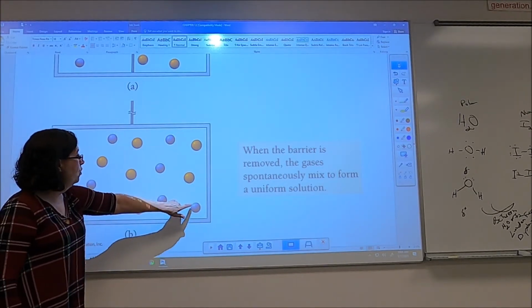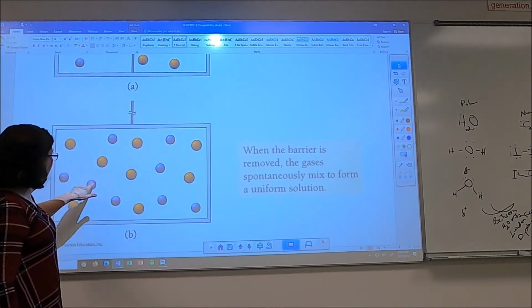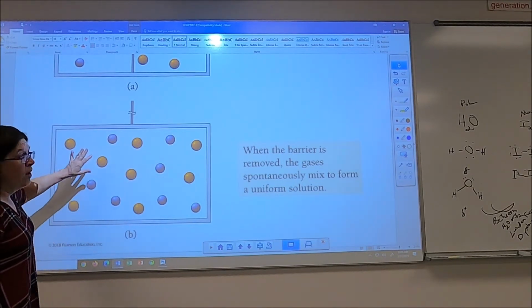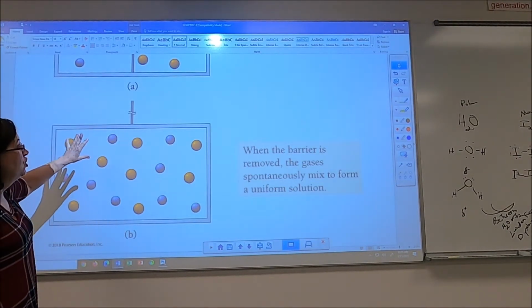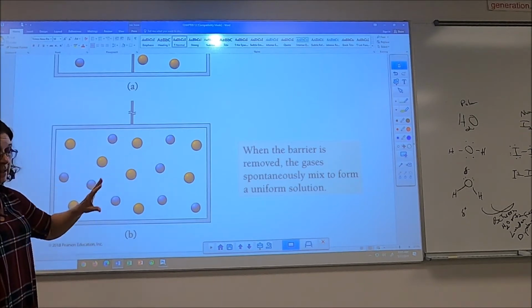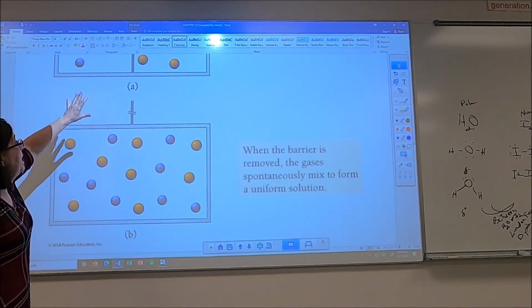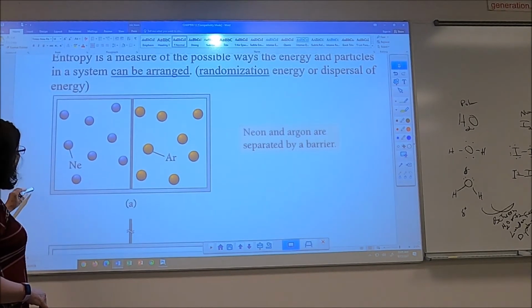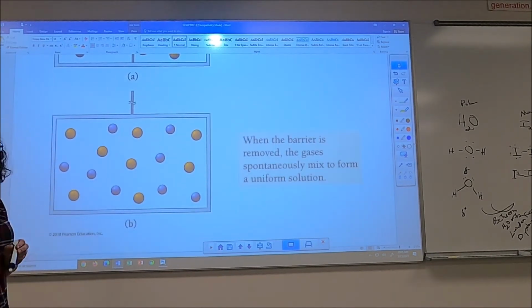But now what if it was 1, 2, 3, 4, 5, 6, 7, 8? Once I remove that barrier, there's a lot more entropy because there's more ways for the particles to be arranged in this space. So going from here to here, there's an increase in entropy.